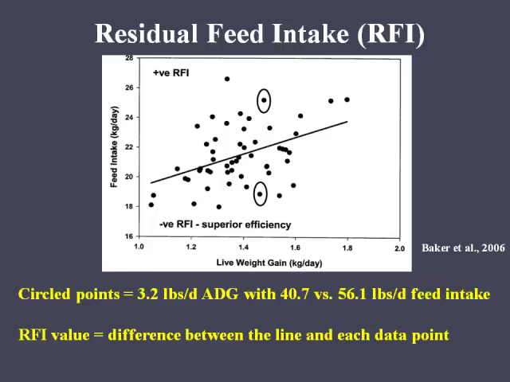In the middle of the pack here we have two animals, and both are growing at about 1.45 kilograms per day. This is in a post-weaning test, on an ad-fed basis. This animal's intake is around 19 kilograms per day, and this animal's intake is around 25.5 kilograms per day.